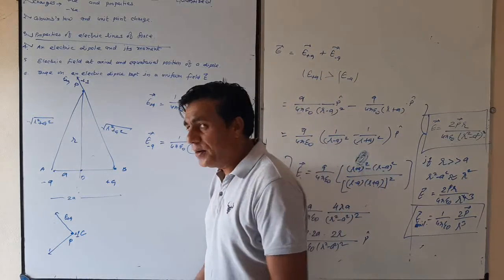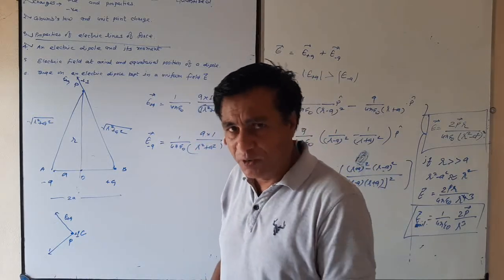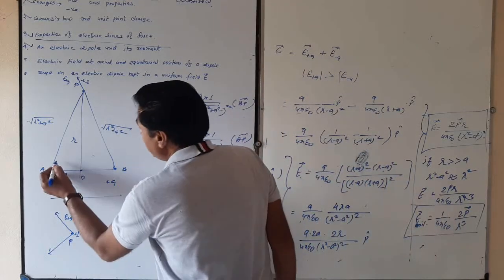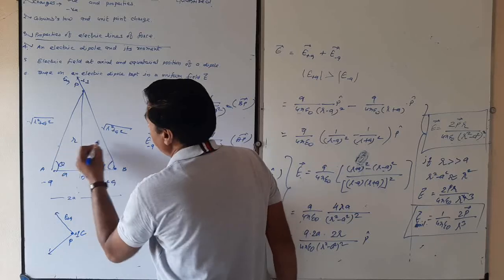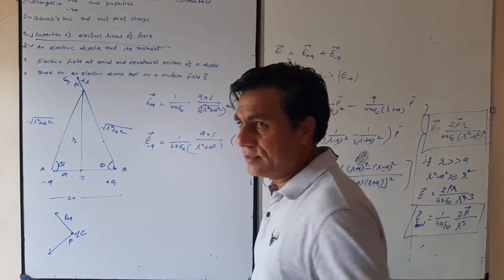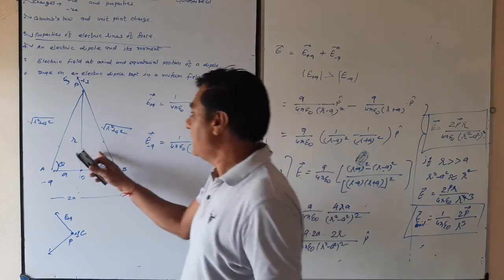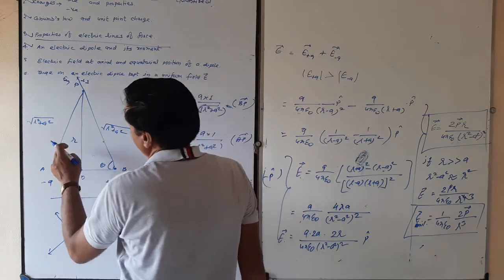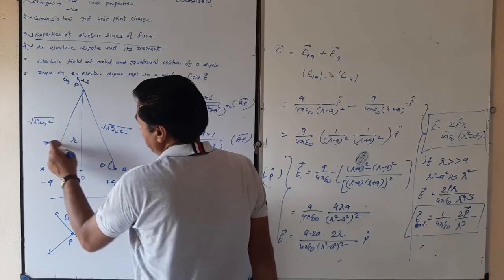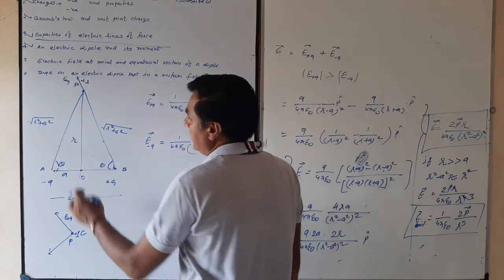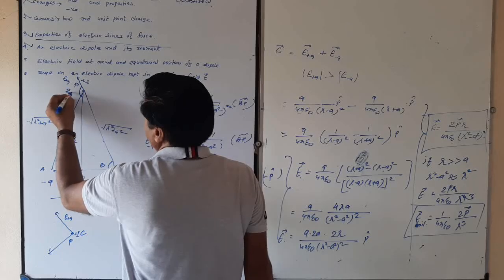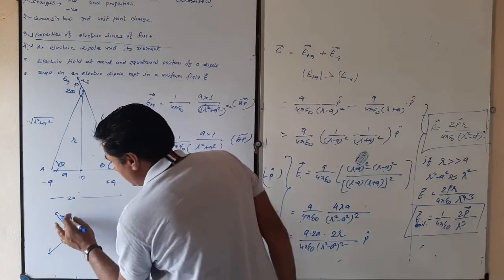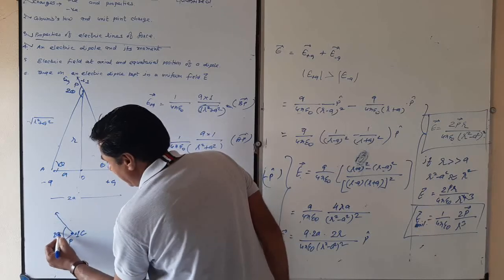So what will be the resultant of the force experienced by the unit positive charge at P? Simple. Yes, it is theta because it is an isosceles triangle. Both sides are equal, so the opposite angles will be equal, theta, by the exterior angle theorem. What will be the angle between E due to plus Q and E due to minus Q? Double theta.